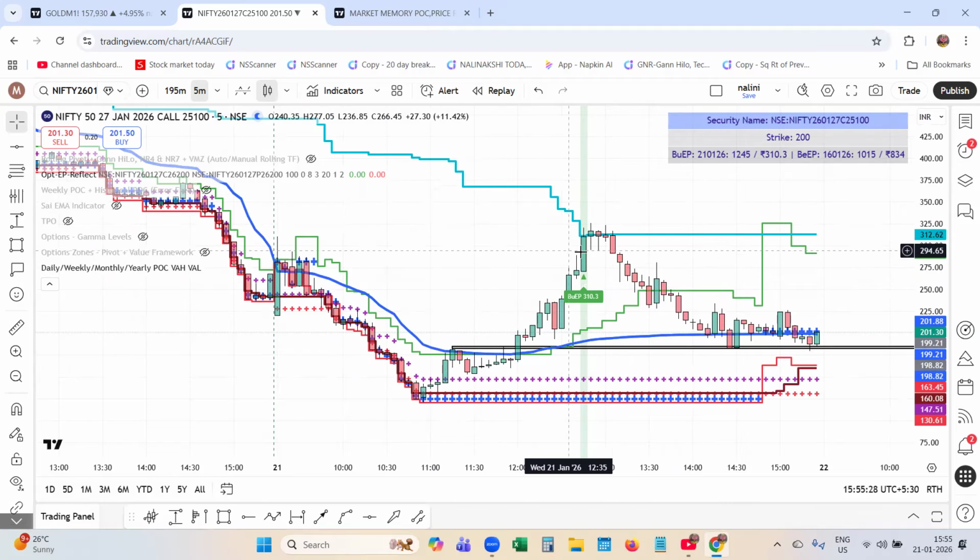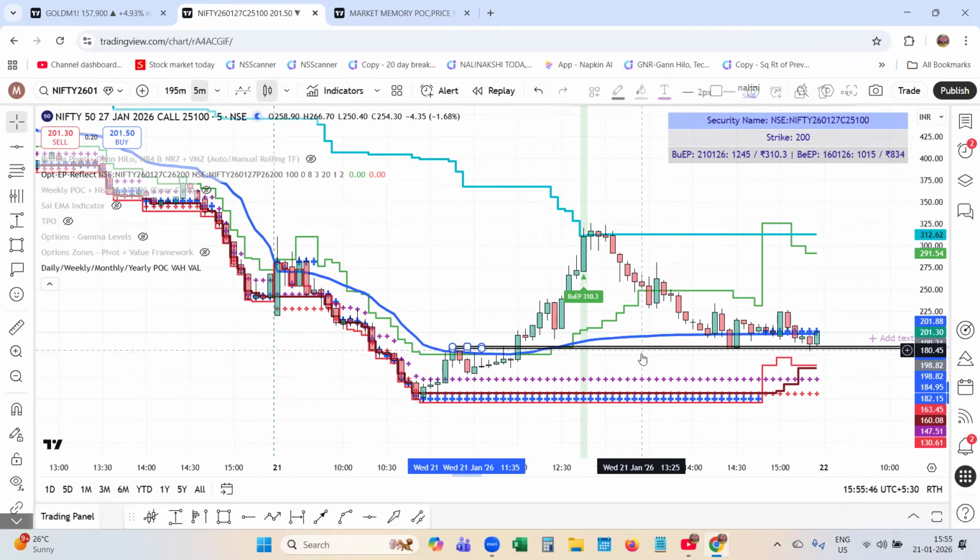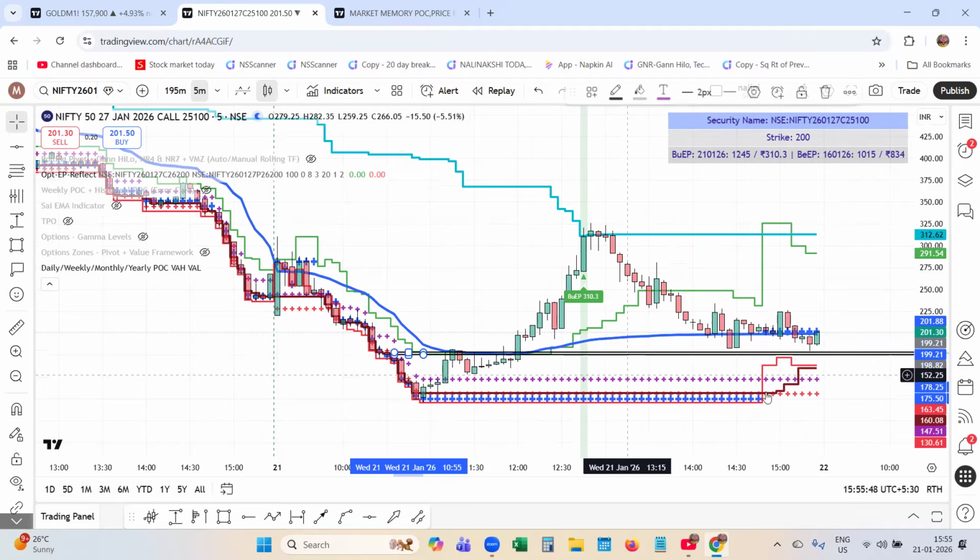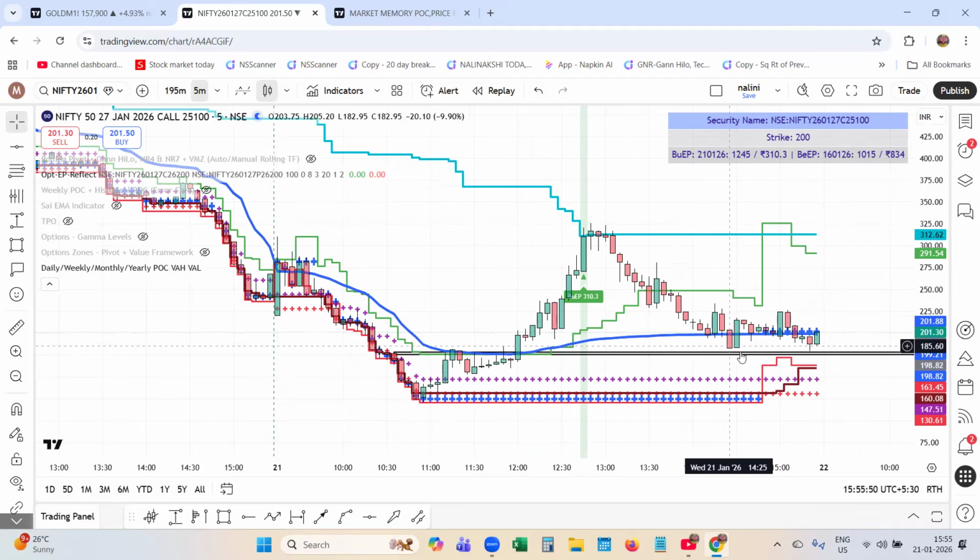No, this is put option in this area. The put option came down to 113 to 112. From there, again, it rallied up to 150 or something. The price has closed in between 25,100 call option. It has closed near the value area high, and there is a POC formed here.